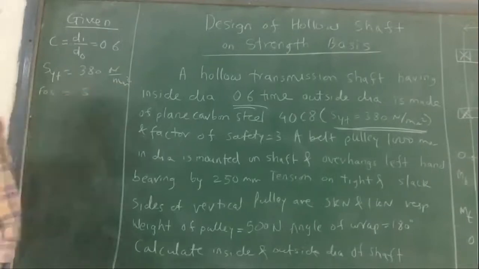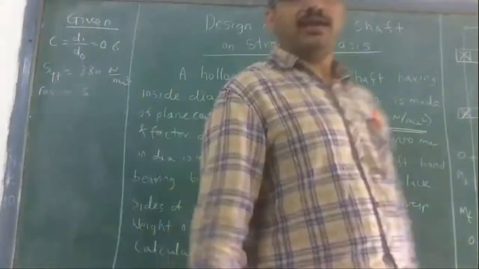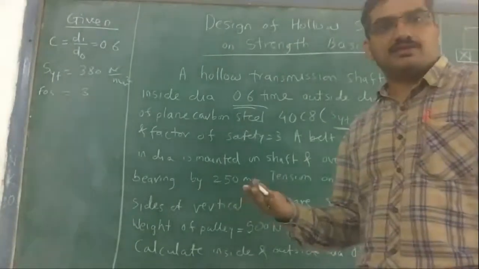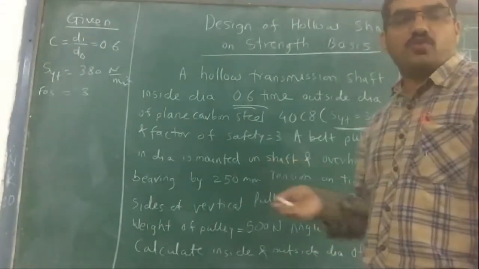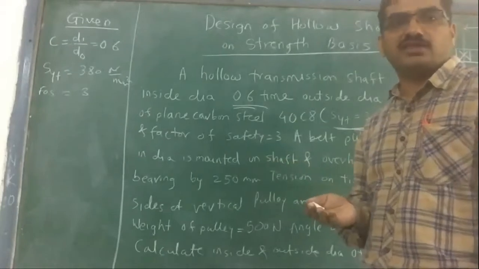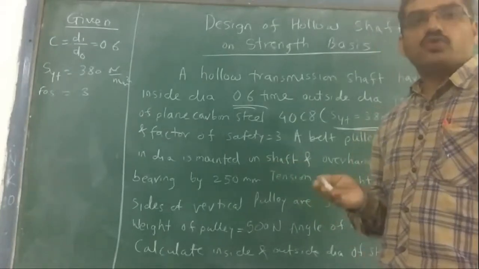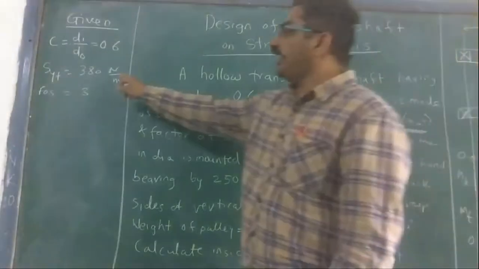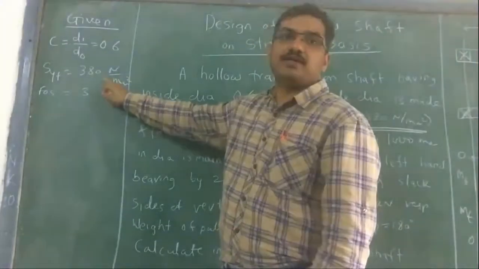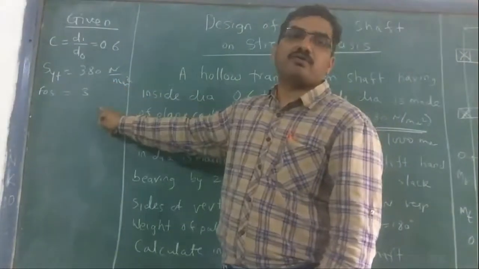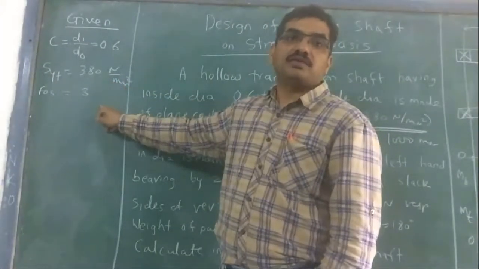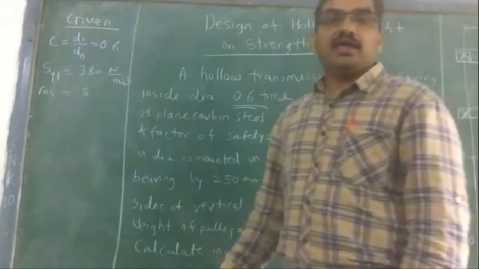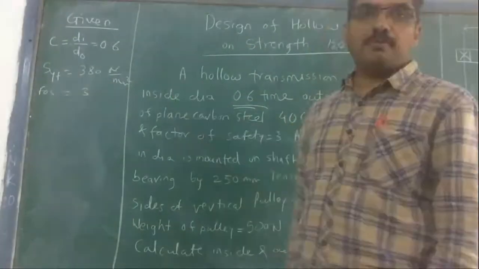So now we know SYT and we know the factor of safety. We can find out the allowable shear stress. For the design of the shaft, we will be using the maximum shear stress theory, so for that we need to know tau allowable, the allowable shear stress. Sigma T allowable will be SYT upon factor of safety, and tau allowable will be multiplied by 0.5.